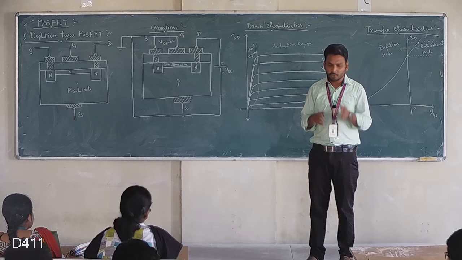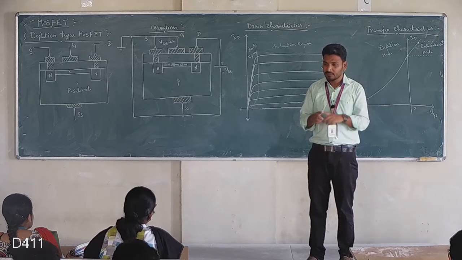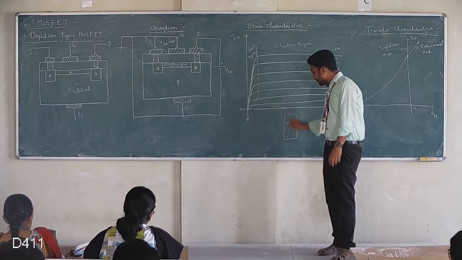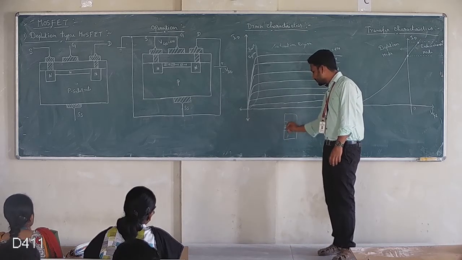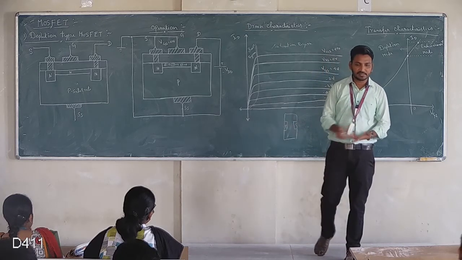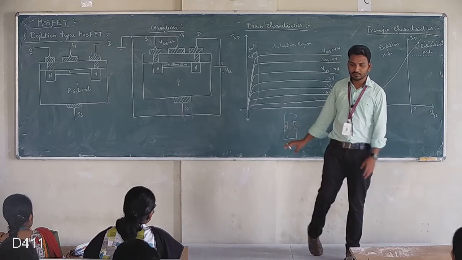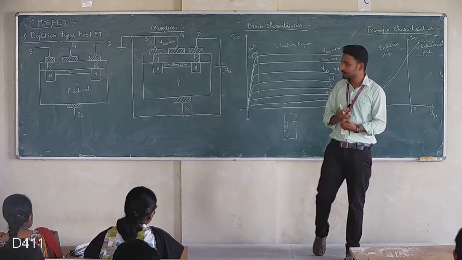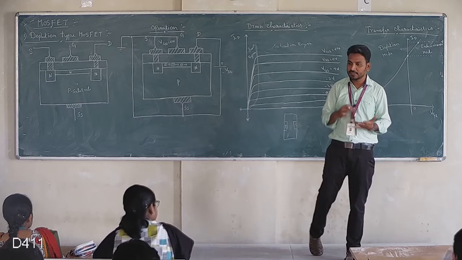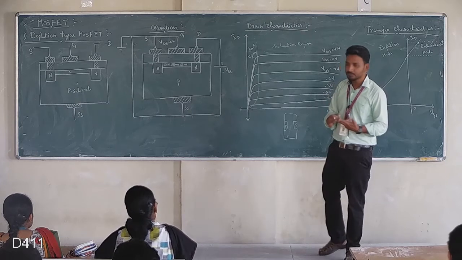For example, to make an N-type JFET, we take one N-type bar and add two P sides at the lateral sides. That is the construction of JFET. So depending upon the construction, FET is classified into three types.